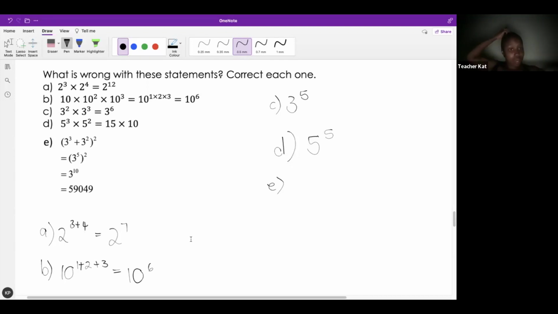Oh, there's a lot going on here, guys. Are we allowed to add bases? No, no, no, no, no. Just simplify. What's 3 cubed? 3 cubed, 27, plus what is 3 squared? 9, all squared. What's 27 plus 9? 36 squared, which is how much? 1296. Definitely not 59,049. Ooh, did your brains cool off?